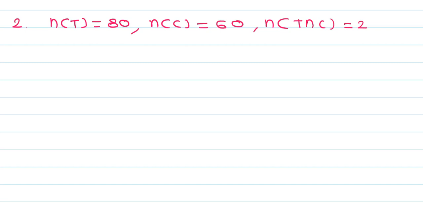N of T is equal to 80, those who take tea, N of C is equal to 60, those students who drink coffee, and N of T intersection C is equal to 20.